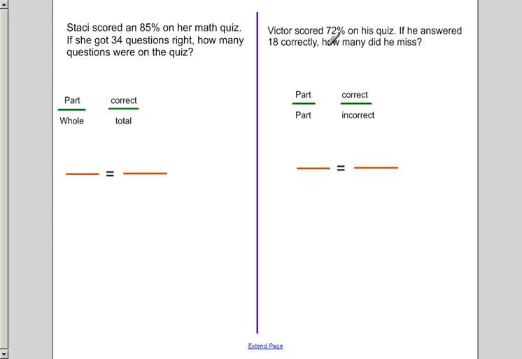And over here, Victor scored 72% on his quiz. If he answered 18 correctly, how many did he miss? So here they don't ask us what's the total number of questions. They tell us how many correct and ask how many he missed. So we have one part and we need to find the other part. So we can put those into our proportion here and solve. So I'll give you some time to pause and work on those.